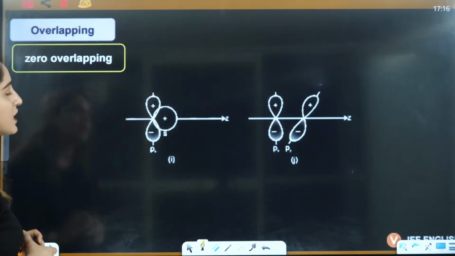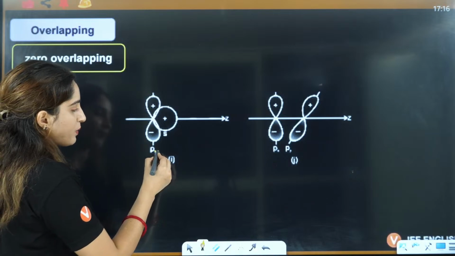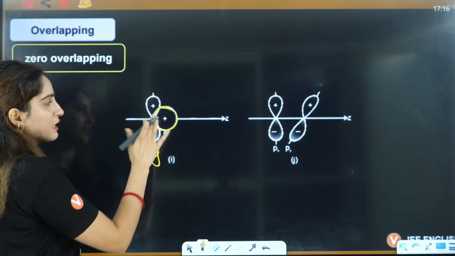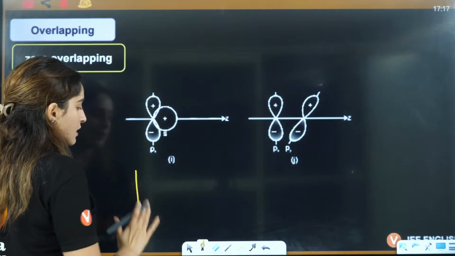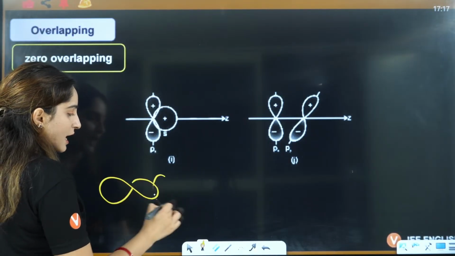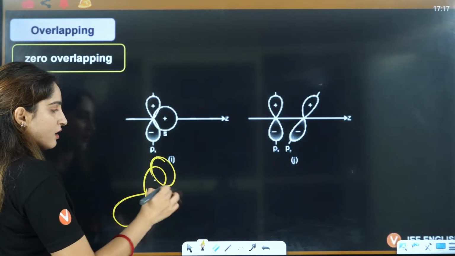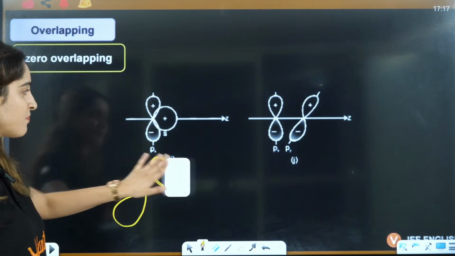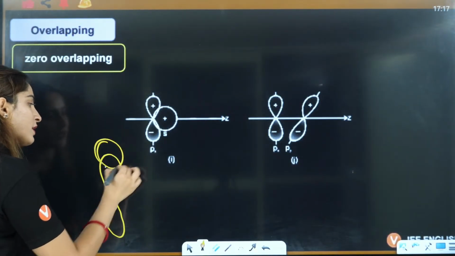So, zero overlapping is when there is no overlap. Now, for example, take Py and s orbital, they will not have any overlapping. Px and s can overlap. Pz can overlap like this. Even Py and s can overlap like this.